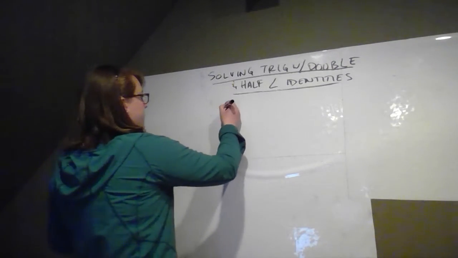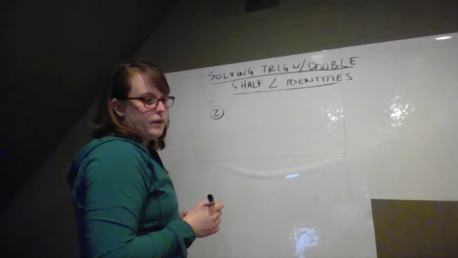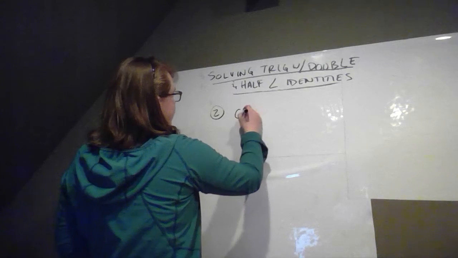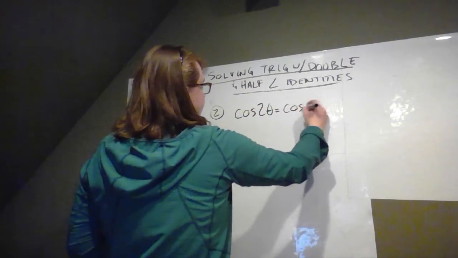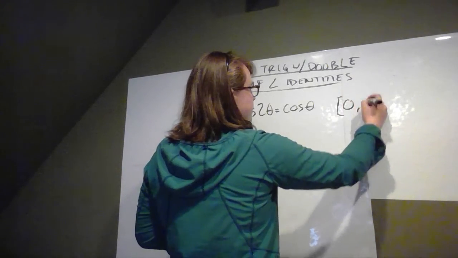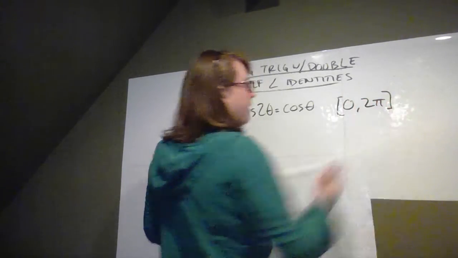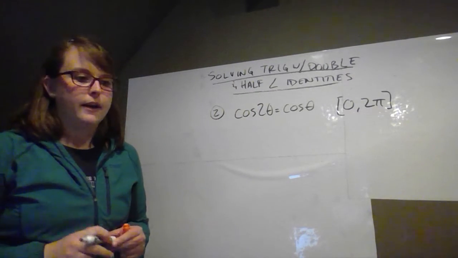So the second example is going to be cosine of 2 theta equals cosine of theta, and we want to solve it for values of theta between 0 and 2 pi. Okay, so we just want the ones between 0 and 2 pi here.